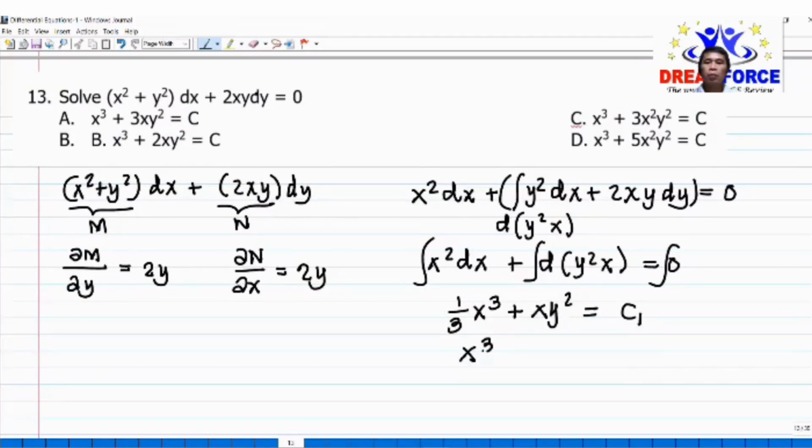So x cubed plus 3xy squared is equal to 3c1, which can be changed to c. So x cubed plus 3xy squared is equal to c. So letter A.